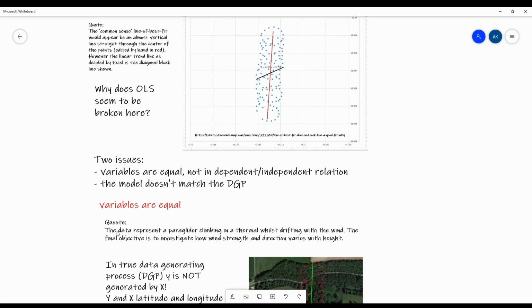A paraglider, if you have seen, is a person who glides basically on a kite, right? There's a big kite, I guess, and they're gliding in the air like a bird. That's the best analogy I can get, right? And a thermal is the convection.